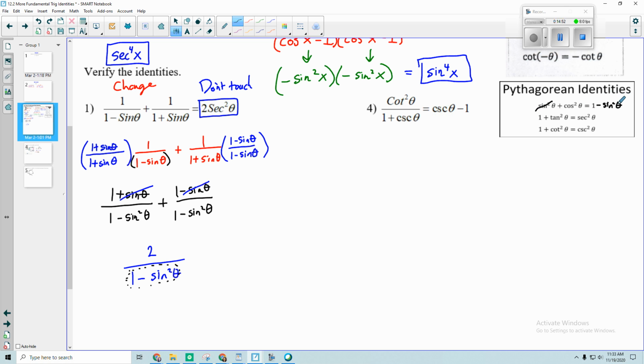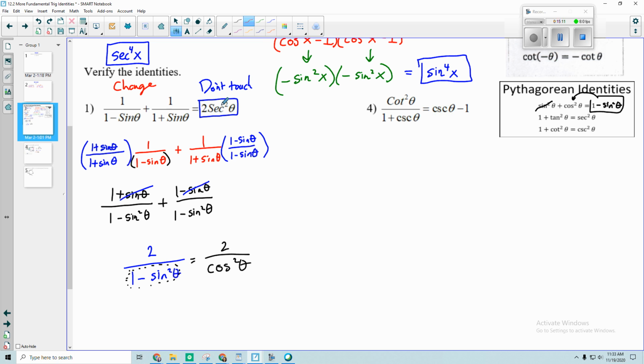1 minus sine squared of theta, I could rewrite that as cosine squared. So I'm going to take this and replace it with cosine squared theta, and 2 is over all of that. I'm really close to proving this identity.